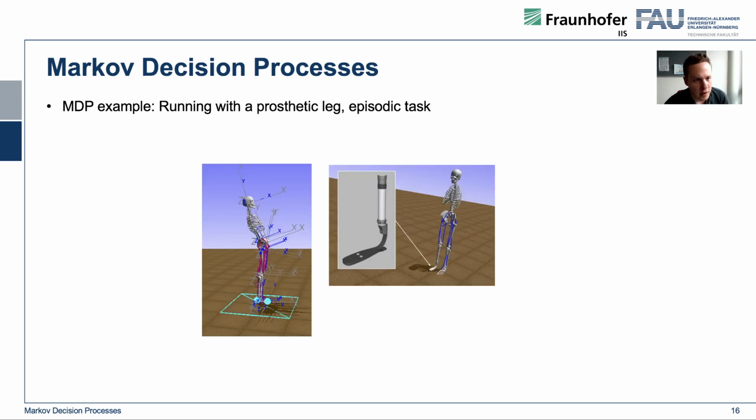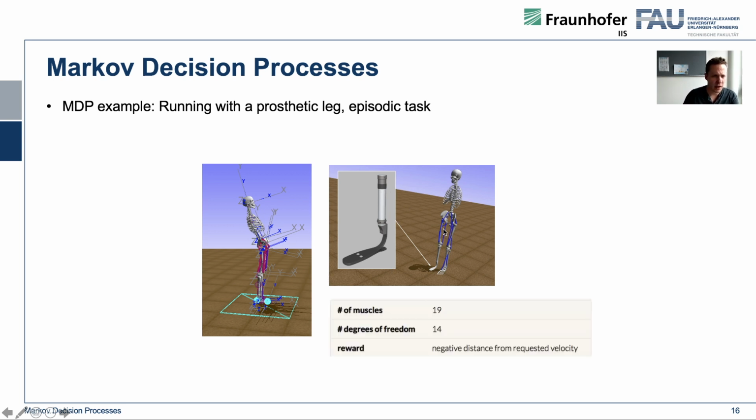Okay, another really nice example, as you also saw last week. There was a NeurIPS competition two years ago where the task was to train an agent that uses a prosthetic leg to run through some world.